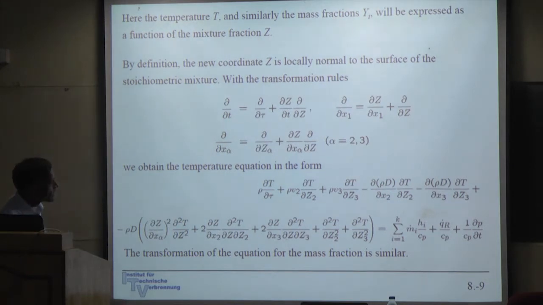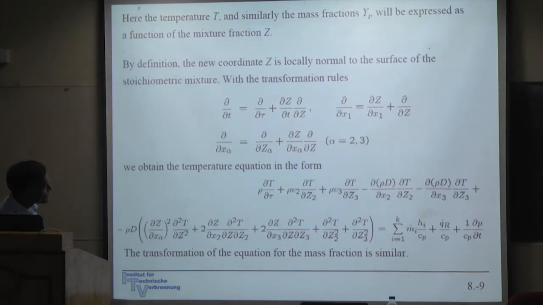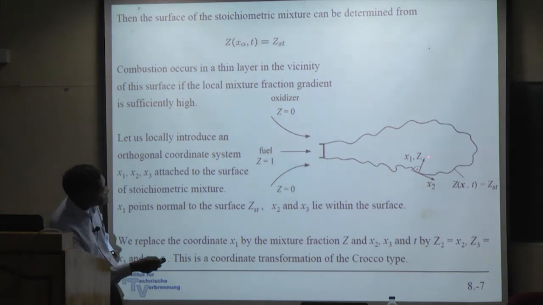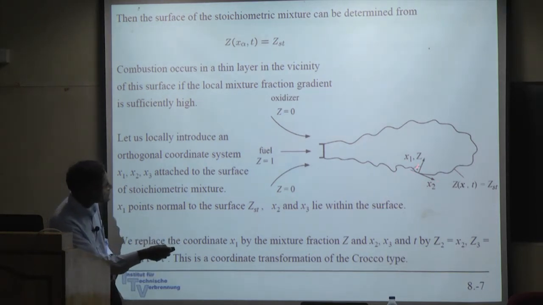Now, the interesting thing about this is you make the following statement, that the gradients of temperature in the Z direction, normal to the flame, are more dominant in comparison to the gradients in the X2 and the X3 direction. Which is fairly reasonable.